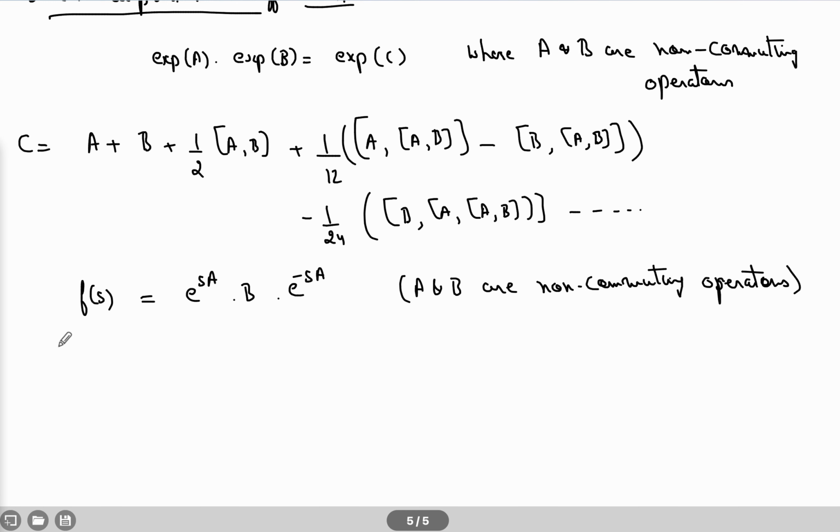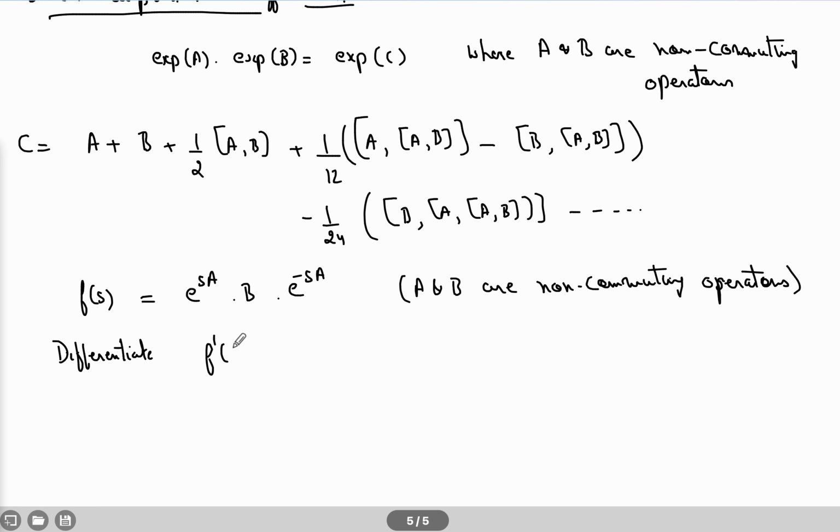Let us now try to differentiate. Not with respect to time, let's just take a partial derivative with respect to s. So what do we get here?